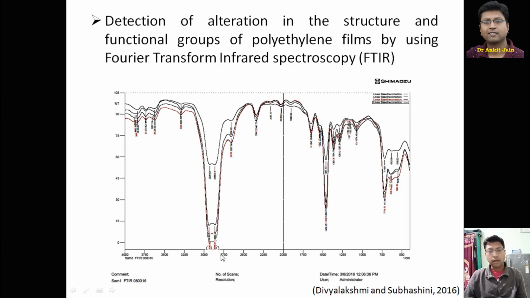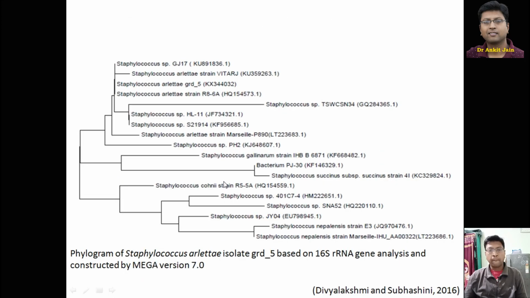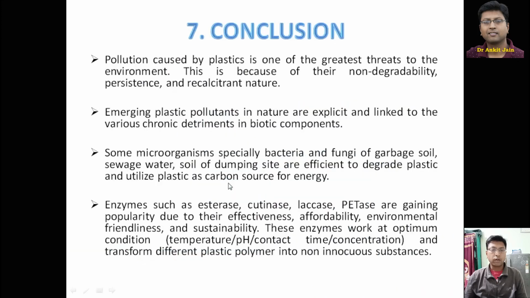So the same zone of infrared shows different strength of the carbon-carbon bonds, which leads to degradation. We can also examine this bacteria phylogenetically, to see whether this bacteria is responsible for degradation or not.